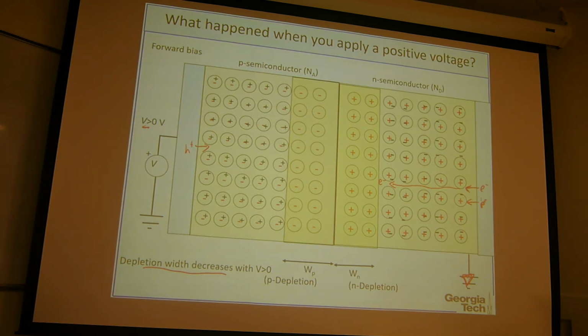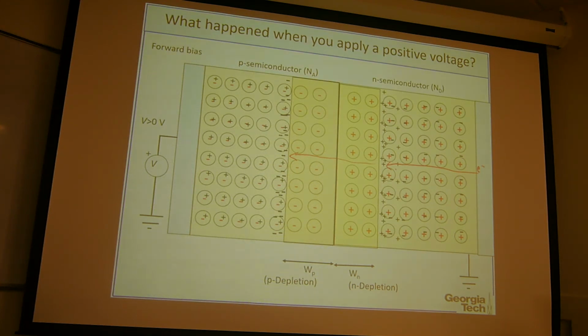Alright, so this is from the band model. But later, when you apply larger and larger voltage here, those electrons travel to here, but then they will diffuse out across this depletion region to the other side.